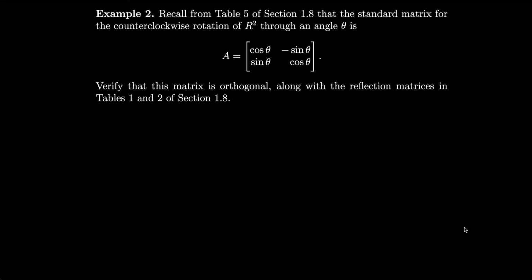Recall from Table 5 of Section 1.8 that the standard matrix for the counterclockwise rotation of R2 through an angle theta is A equals cosine minus sine, sine cosine. Let's verify that this matrix is orthogonal, along with the reflection matrices in Tables 1 and 2 of Section 1.8. So let's take A transpose A to start.